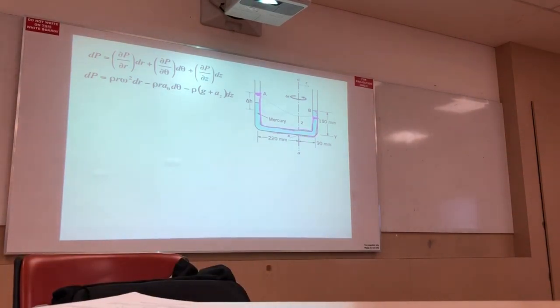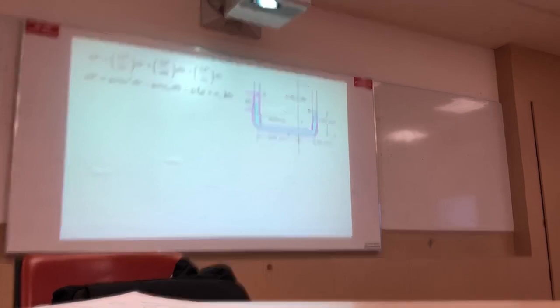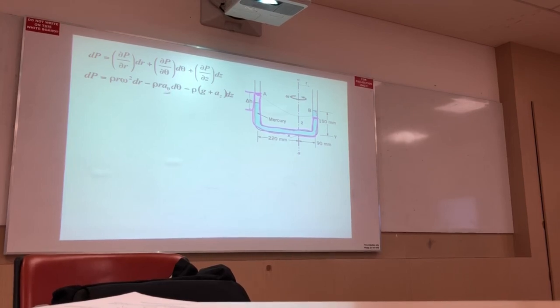Right? And the height difference is delta H, which is given, right? 75 mm is given. So now, what do I do? This one we consider 0. Delta P is 0 because of constant pressure line.